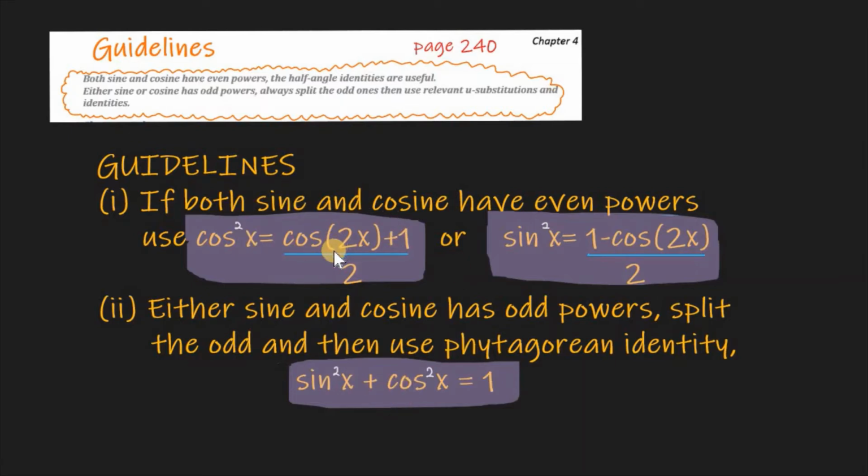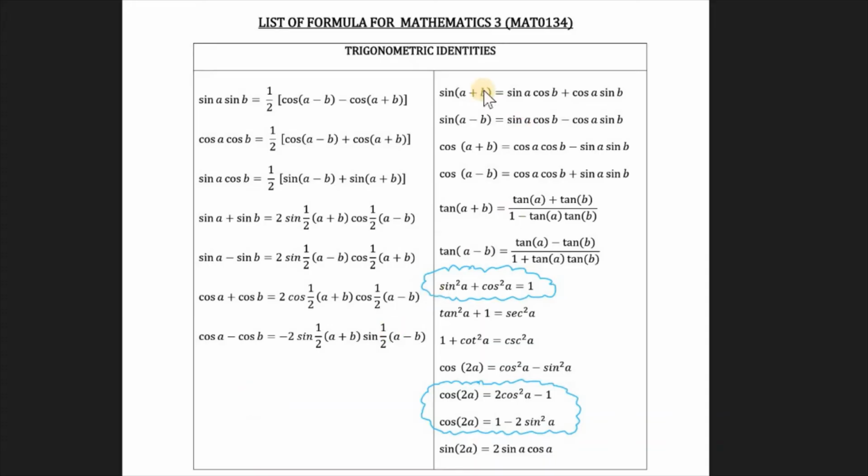Let me show you on this formula given in our formula list. This is the double angle or the half angle, if we make it cosine 2A. We rearrange it to read the half angle from 2A. So as we rearrange it, cosine square A is cosine 2A plus 1 on 2.